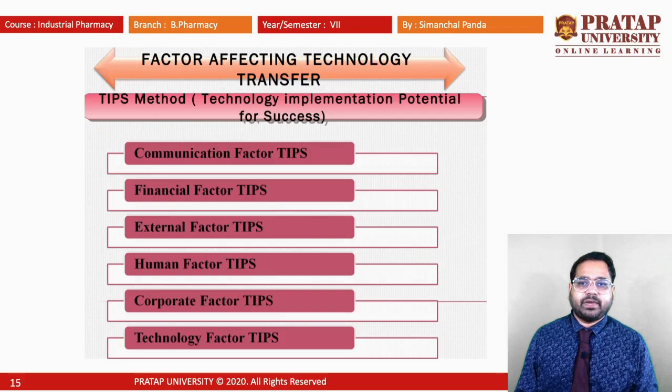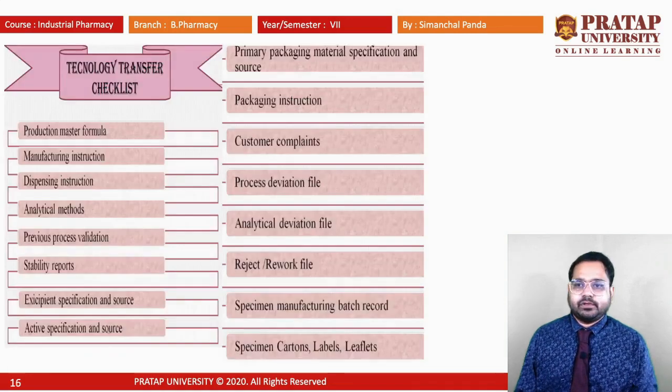Next, there are different methods that can be used for successful technology implementation. That can be communication factors, financial factors, external factors, human factors, corporate factors, technology factors. There are different checklists we can go for.